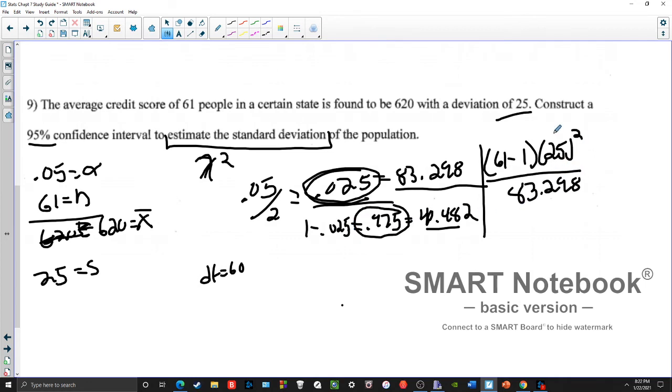That'd be your left-hand bounds, your lower end bounds, after you square root it, because this actually gives you an estimate for the variance, but we're not working with variance right now. So we'd actually square root this entire thing to get my left-hand boundary. To get my right-hand boundary, it's the exact same thing.